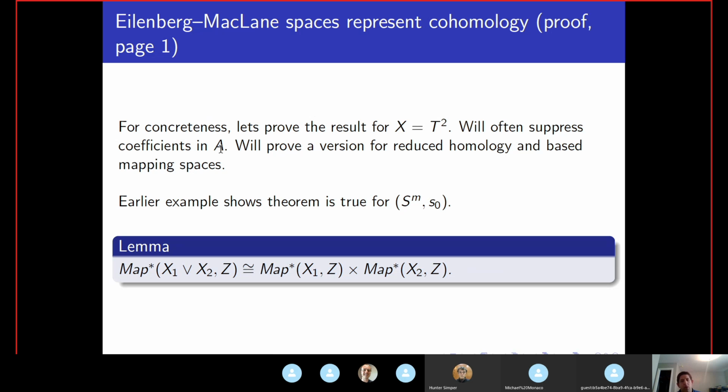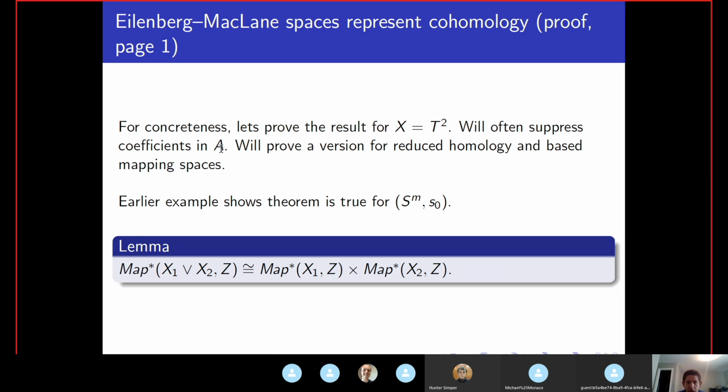Yeah, so what's the idea? We know the theorem for spheres. That was the first example. The theorem for spheres is basically just the definition of Eilenberg-MacLane spaces: they have homotopy groups in degree n and 0 otherwise. So we know the theorem is true for spheres.